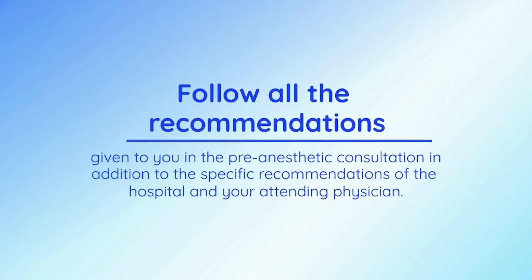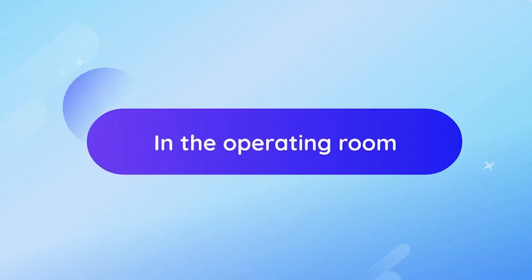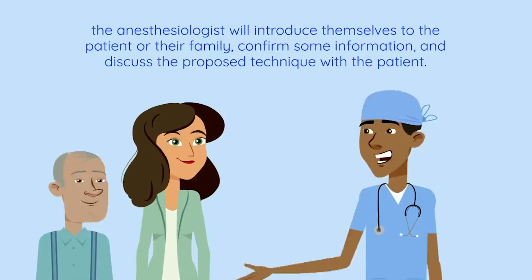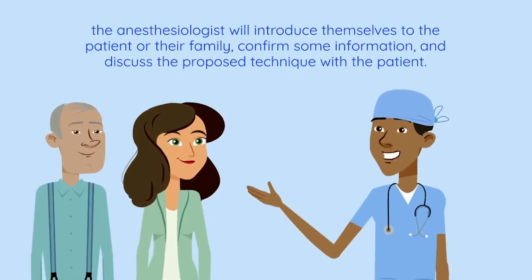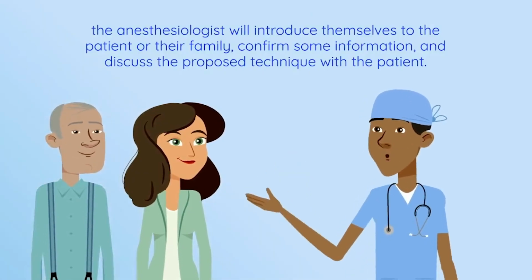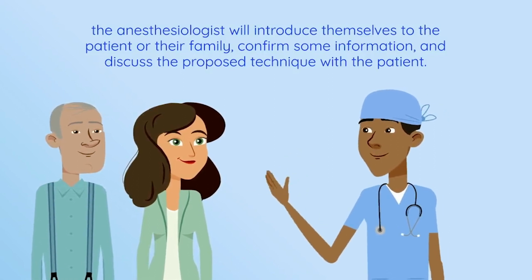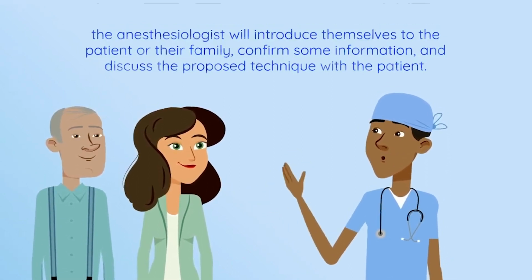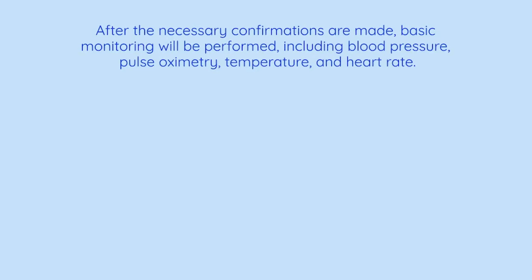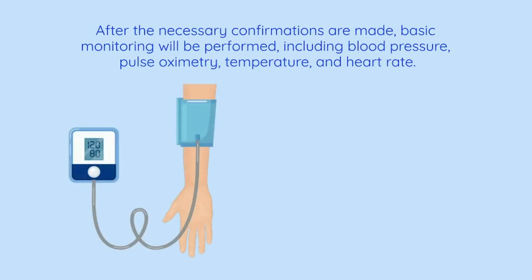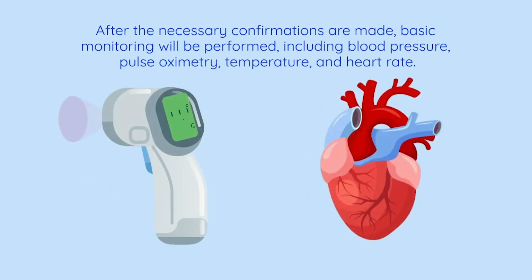and your attending physician. In the operating room, the anesthesiologist will introduce themselves to the patient or their family, confirm some information, and discuss the proposed technique with the patient. After the necessary confirmations are made, basic monitoring will be performed, including blood pressure, pulse oximetry, temperature, and heart rate.